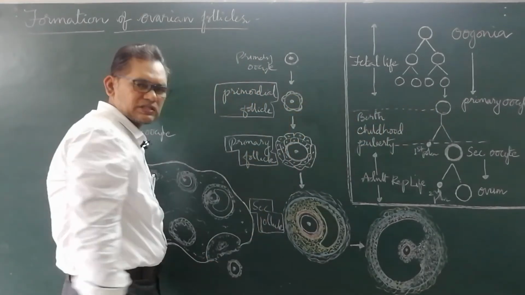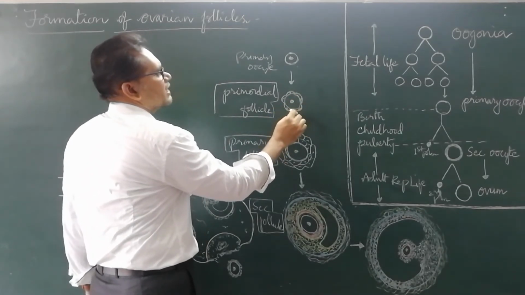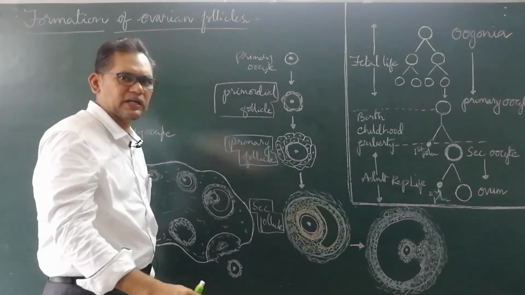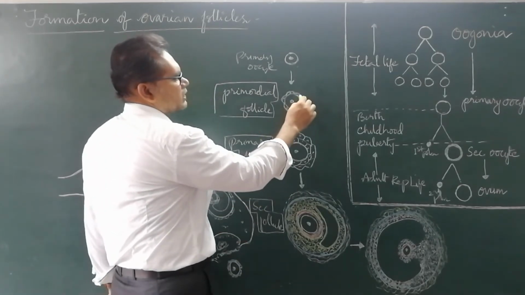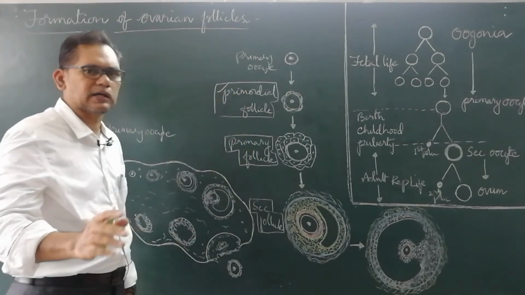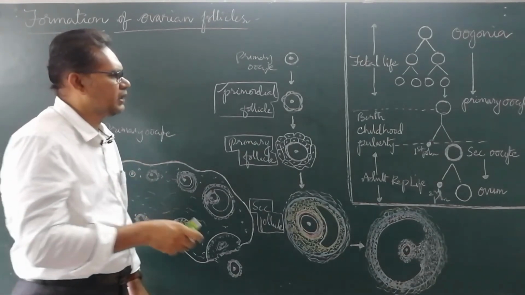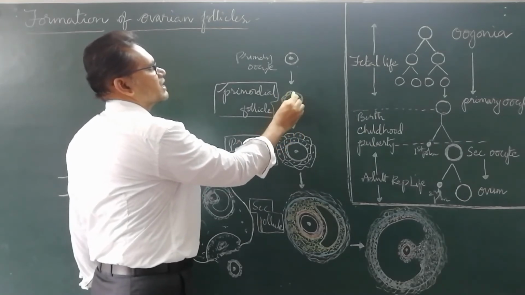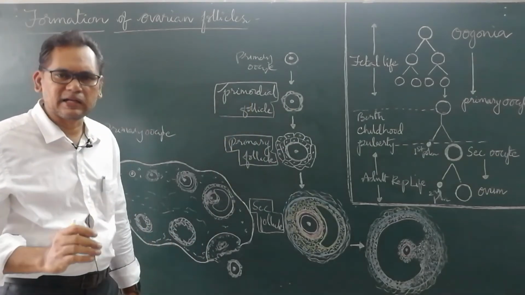Now it develops a single layer of flat cells around it, which are squamous type, a single layer of squamous epithelium. This single layer of squamous epithelium surrounding the primary oocyte is called the primordial follicle. What is a primordial follicle? The primary oocyte surrounded by a single layer of flat squamous cells.